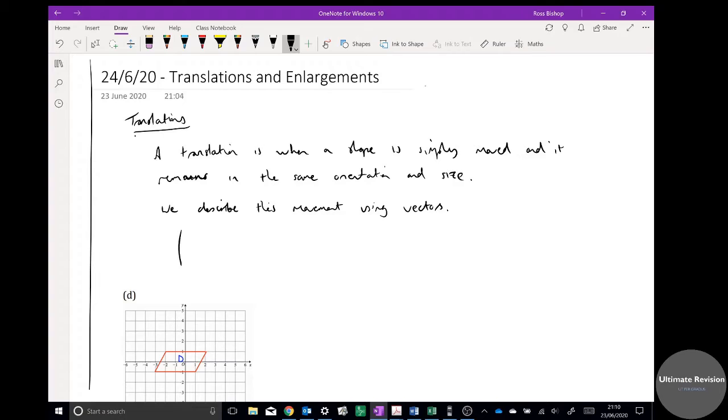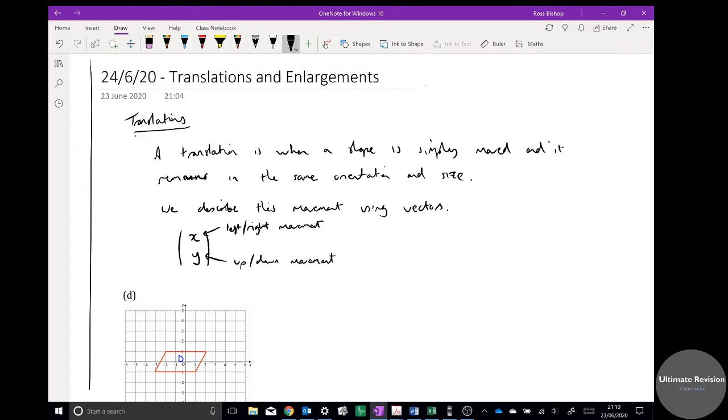You'll see in a minute what a vector is, but a vector is written like this, and the top number we call the x number and the bottom number we call the y. The top number is the left/right movement, and the bottom number is the y, and it's the up or the down movement.